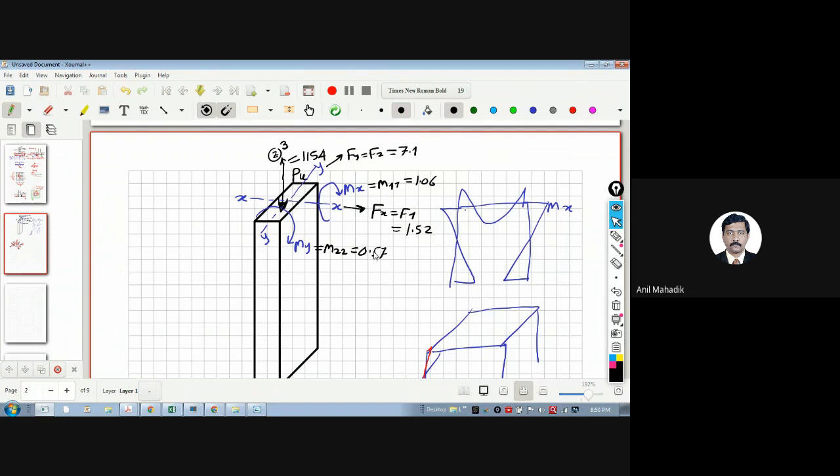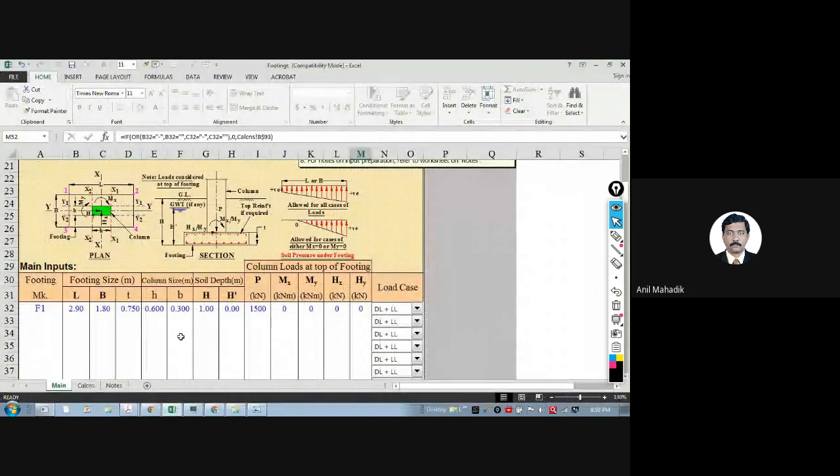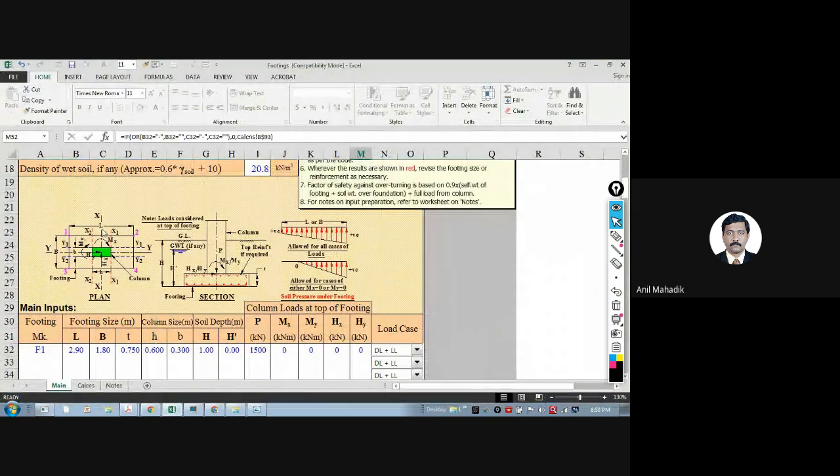Now you got how to get the results from the ETAP tabs. You got all the results: Fy, Fx, M11, M22, and F3, which is Fz, that will be Pu. Now see what is happening in the Excel sheet. We need to put the results in terms of Mx, My, and we are getting the results from the tab in terms of M11, M22.